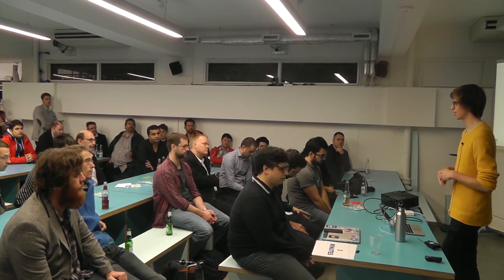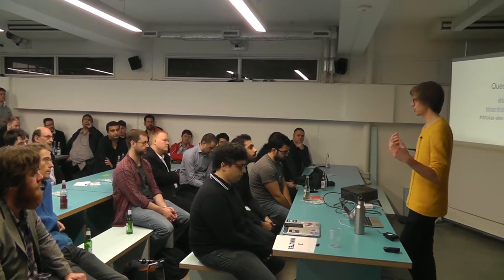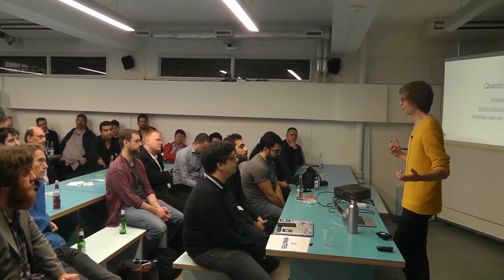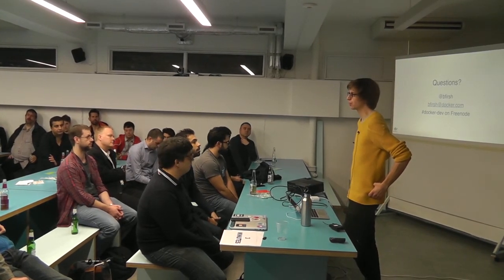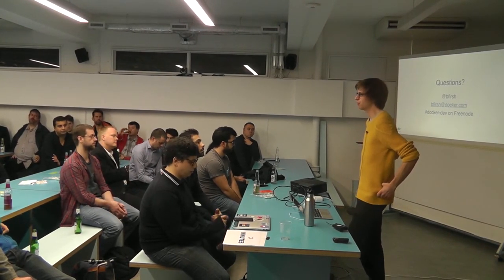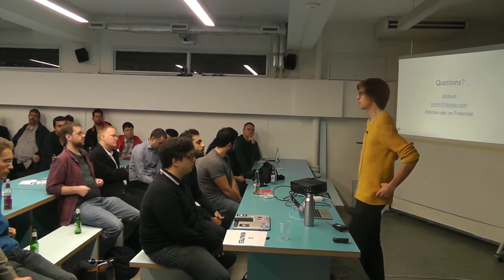So Docker is an entry point for those sorts of things, but we're not going to pretend that by the time we launch Docker cluster, it's going to be as good as Mesos, because it's not. Mesos has been building this and it runs Twitter for years. We can't pretend to be as good as that. But what we do want to do is make something that works really well out of the box.